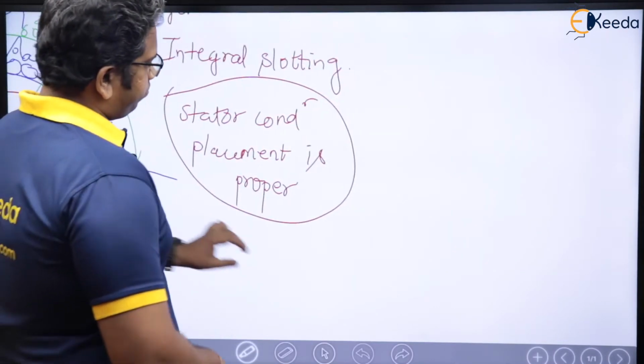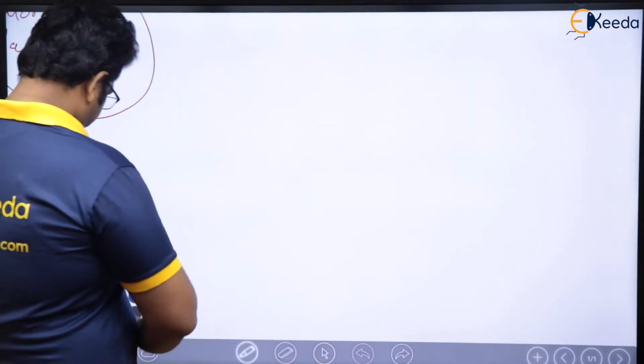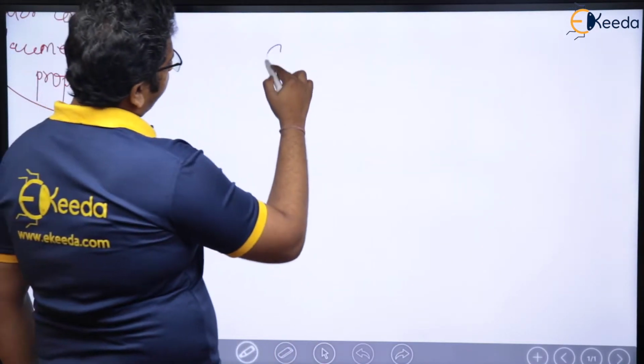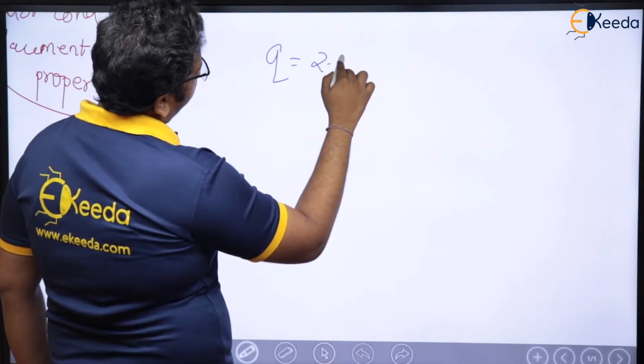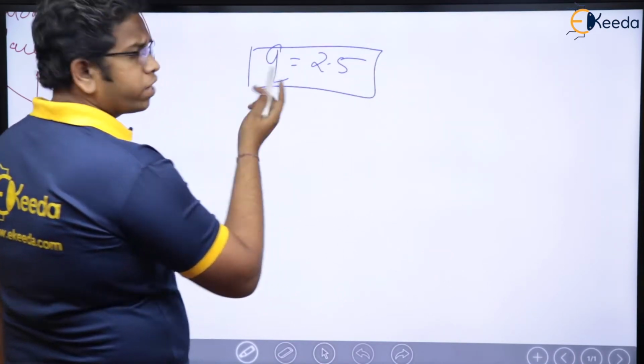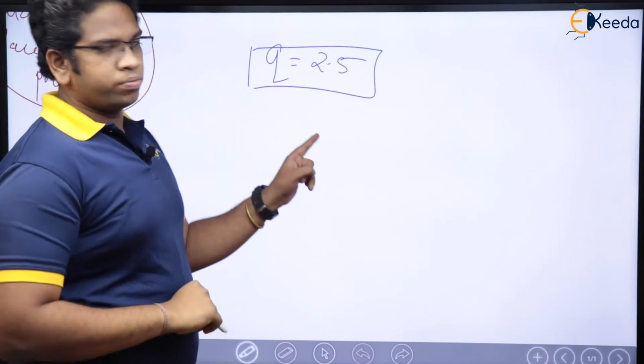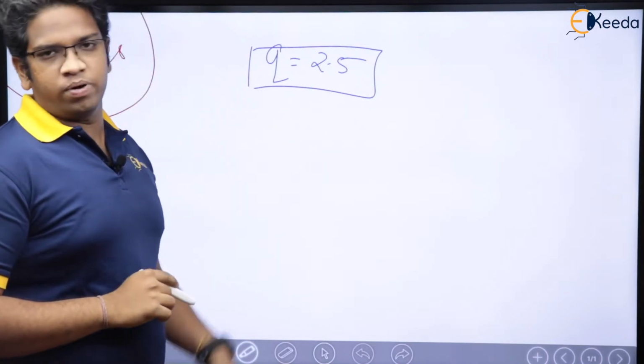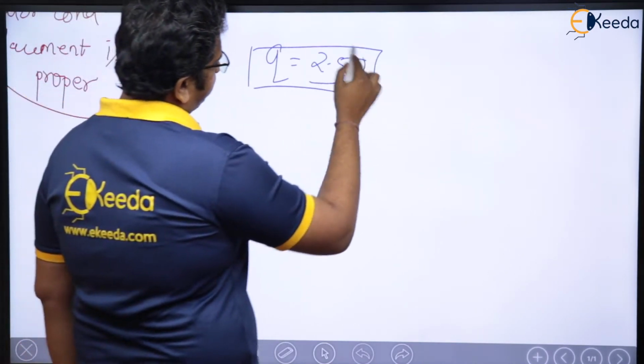See here. If for example your Q, let us say that Q is 2.5. For example, if your Q comes out to be 2.5, you know that 2.5 is a fraction, right?